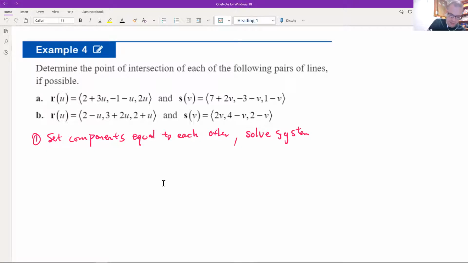So let's start off with A. You'd set 2 plus 3u equal to 7 plus 2v, minus 1 minus u equals minus 3 minus v, and 2u equals 1 minus v.